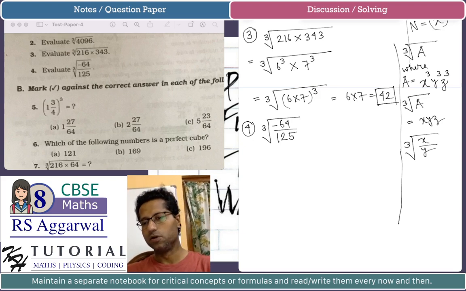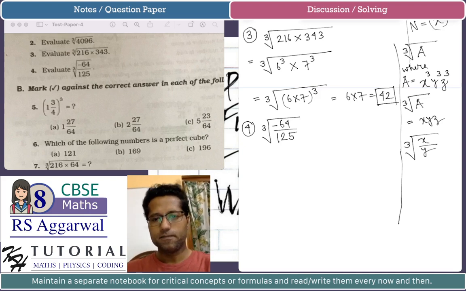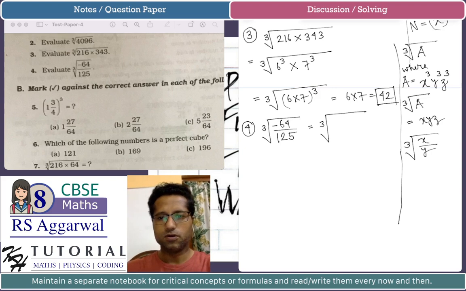With ignoring its sign, if x and y are perfect cubes, then express it as cube root of x divided by cube root of y. I can see that both the numerator and the denominator of the fraction inside the cube root are perfect cubes, because minus 64 is minus 4 cube, and 125 is 5 cube.